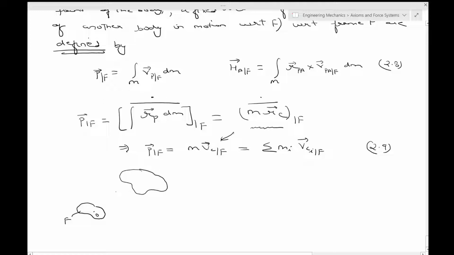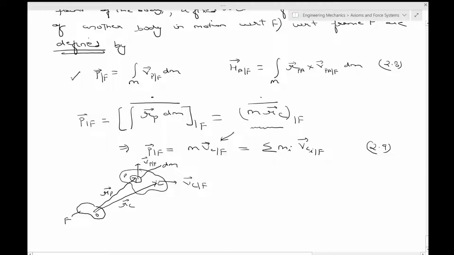Now this is a small part of it which is dm, and you have R_P. The center of mass is C, and the velocity of this center of mass is V_C with respect to F. This is called R_C, and this is R_P. Now the velocity of this point P is V_P with respect to F.